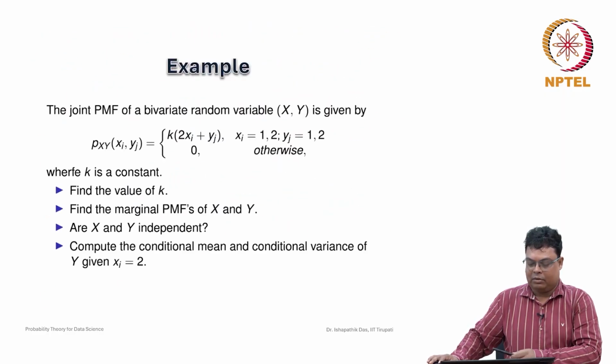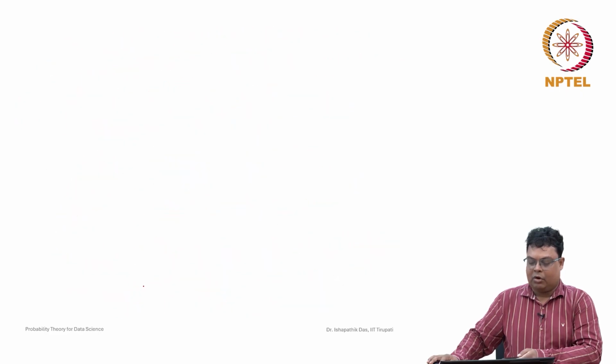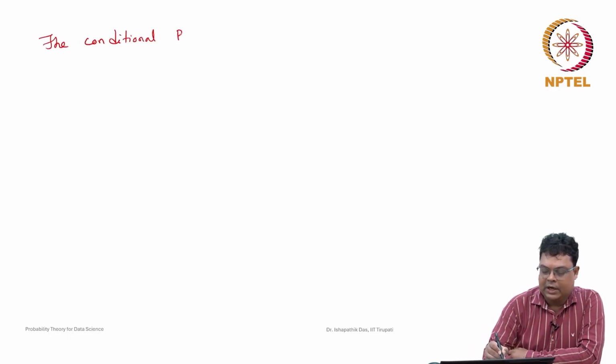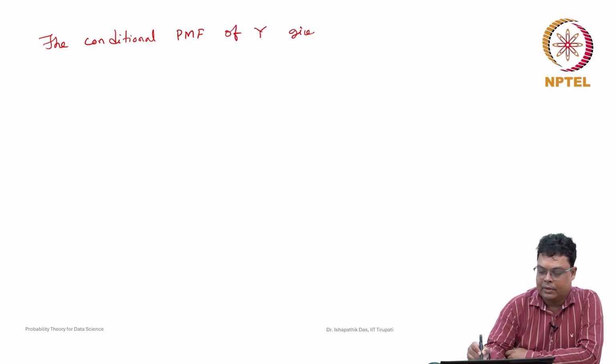It is asking only for y given x, so we need the conditional probability mass function of y given x. So the conditional probability mass function of y given x is equal to xi.